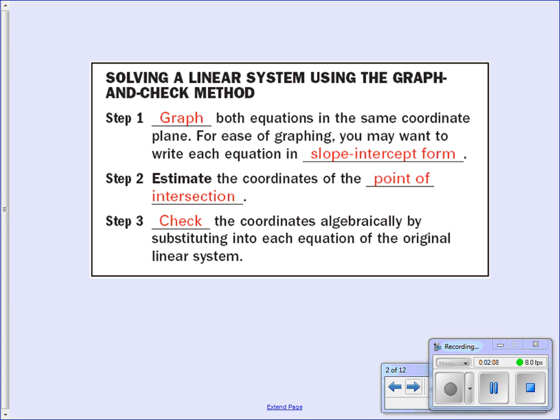Okay, here's what you're going to do today. 7.1 is solving the linear system by graphing. So the first thing you have to do is graph both equations, but you graph them on the same coordinate plane. So one coordinate plane, two lines. You are going to draw two lines.